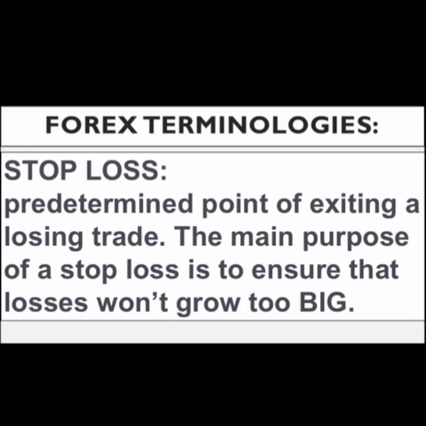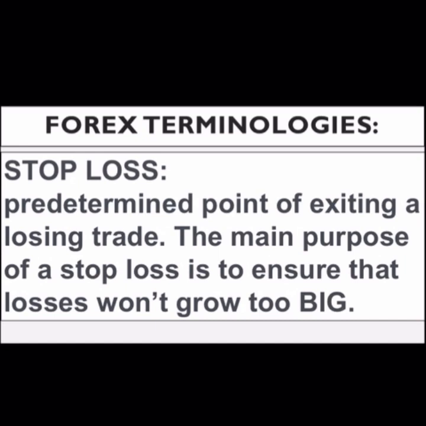So if I am projecting that the market is going to move from 150 to 170, I say take profit at 170. Then I should also know that the market may actually go against me, so I place a stop loss below 150. Maybe I'll place my stop loss at 140.